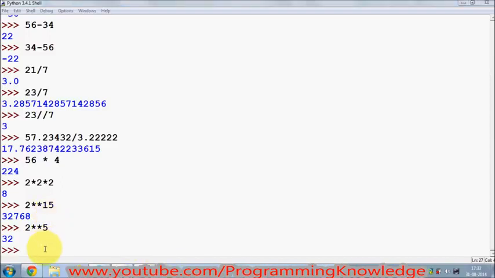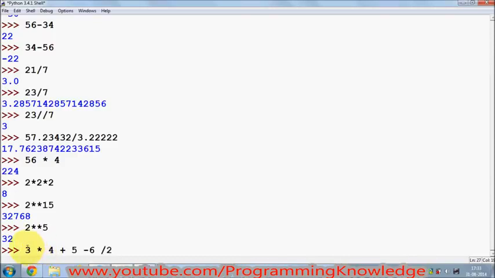Now you may be wondering what the order of your operations is. Which operation will take place when you have multiple operations at the same time? For example, I want to do 3 multiplied by 4 plus 5 minus 6 and then divided by 2, for example.